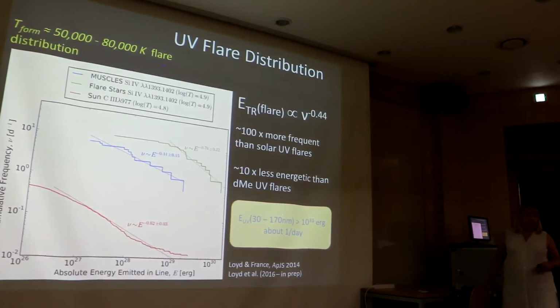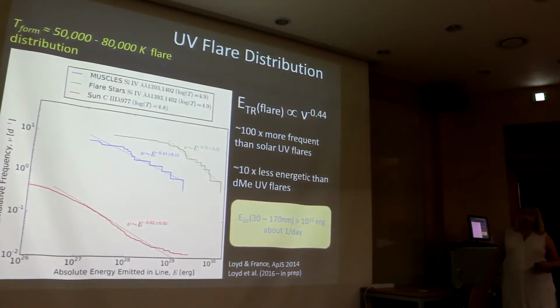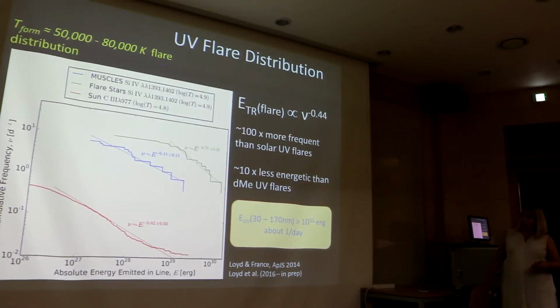If you look at the energy of the flares, this is a cumulative energy distribution, so this is just the energy of the flare, and how frequent you get a flare of a certain energy. This is the sun down here, so we do get flaring in the sun, but it's lower energy, especially on the more frequent end. These are the very active flare stars, like AD Leo, and these are the stars that we looked at.